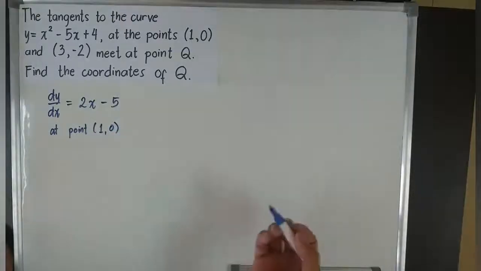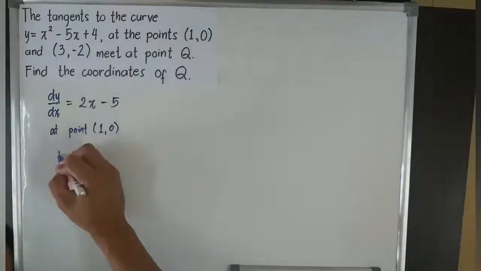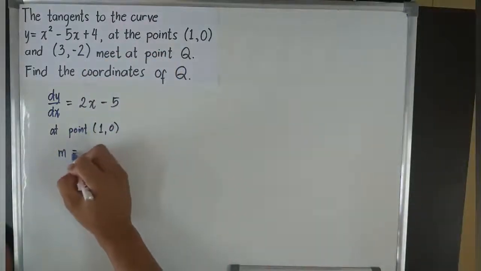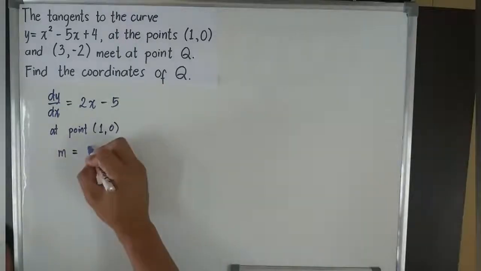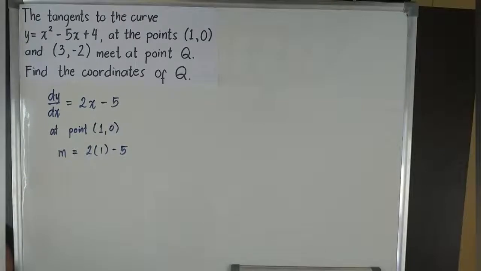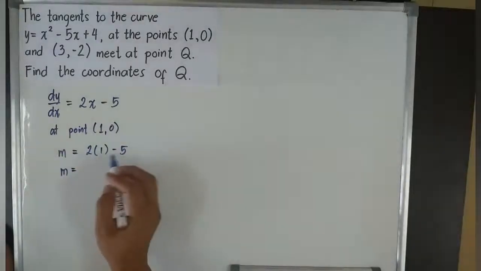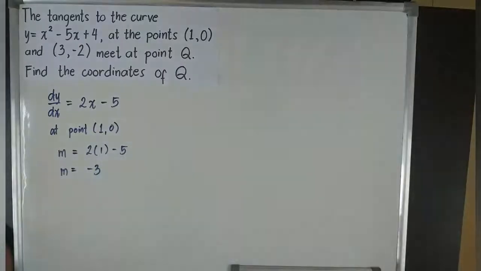At point (1, 0), the gradient will be equivalent to 2 times 1 minus 5. So the gradient is now equivalent to -3.